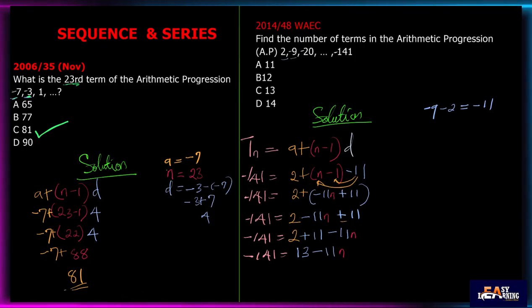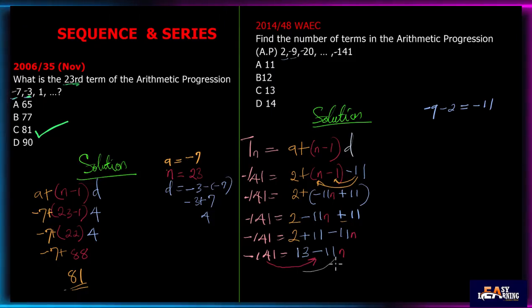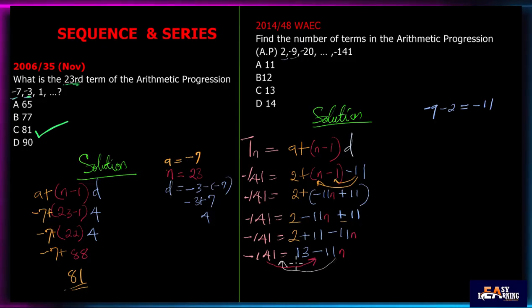All right, so we proceed. Minus 141 will cross over here, while minus 11n will come over to this side. So let's interchange. 13 will remain there.